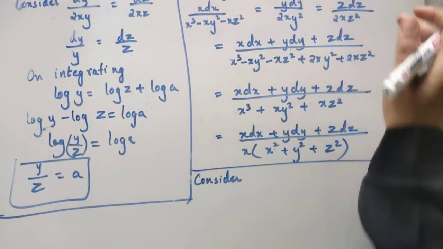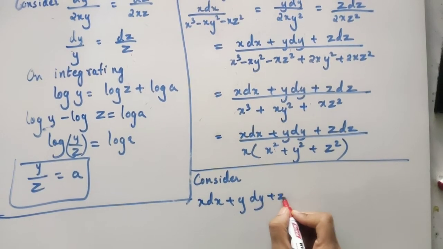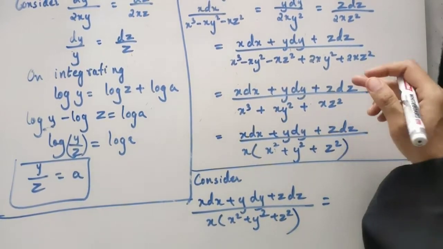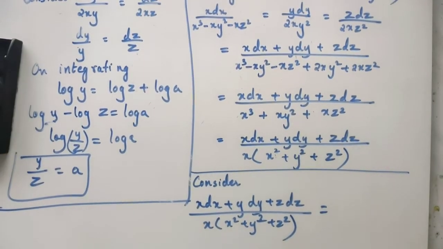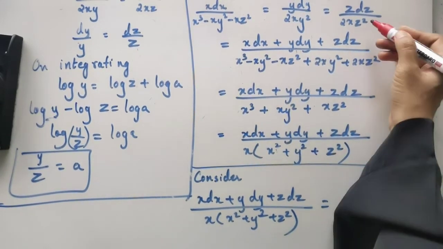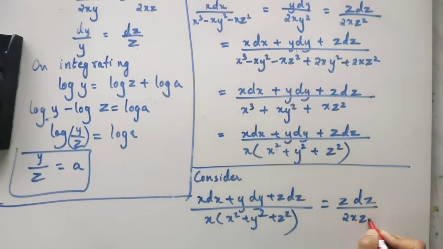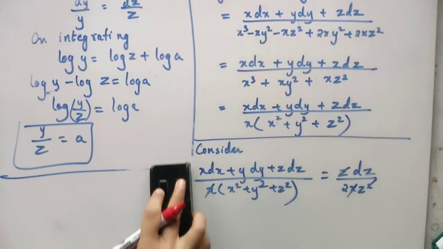So I am writing it as (x dx + y dy + z dz) divided by x(x² + y² + z²), which equals the last fraction, z dz divided by 2xz². Now one z from here and one x from here will get cancelled. I can rewrite it as, I'll use this space over here.